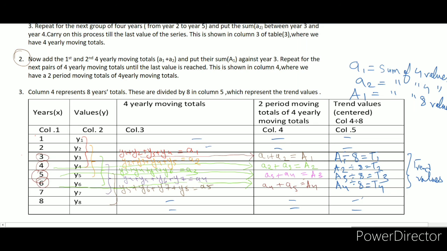When you find the trend values, you will divide the pair of 6 yearly moving totals, which means the values you get in column 5, by 12. Because like I've said, A1 will now be a sum of 6 values, A2 will now be a sum of 6 values, so capital A1 will be a sum of 12 values, so you have to divide by 12 in the last column.